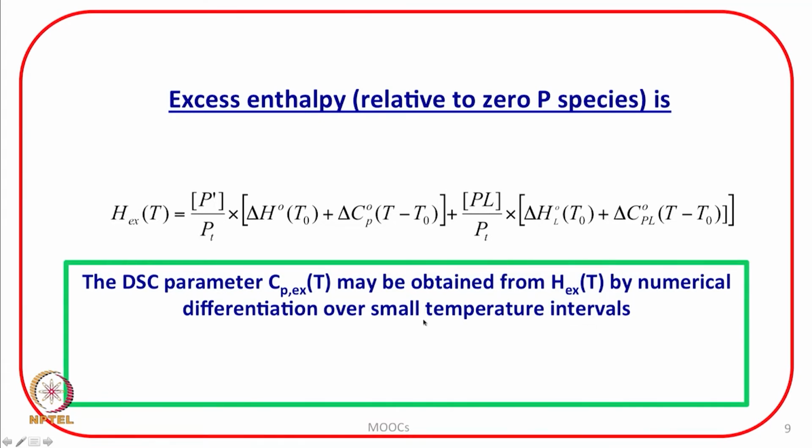So, what is done is, the excess heat capacity over a range of temperature is simulated from this equation, and the experimental data is subjected to a fit by these derived equations, and for whatever value of KL the fitting is excellent, that KL value is assumed to be the best estimated value of the binding constant.